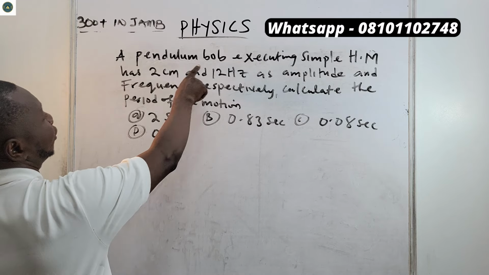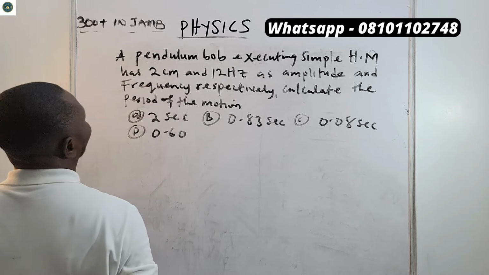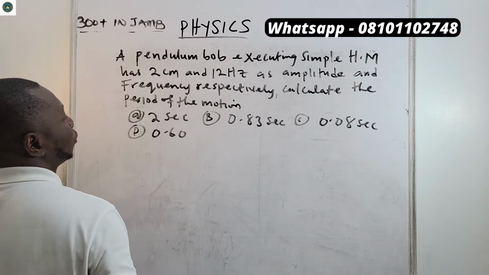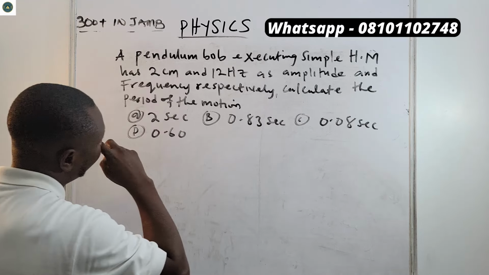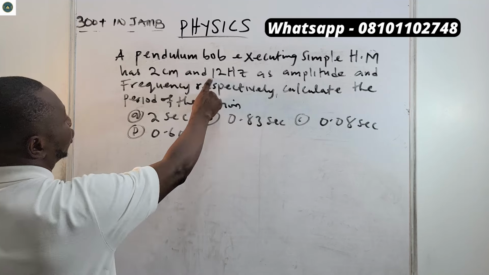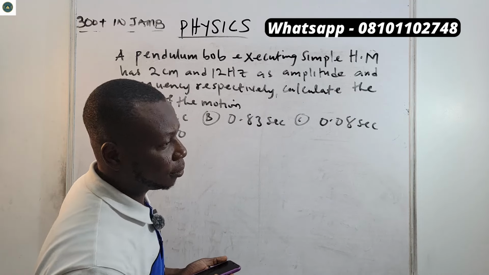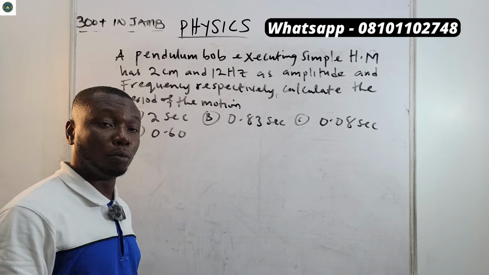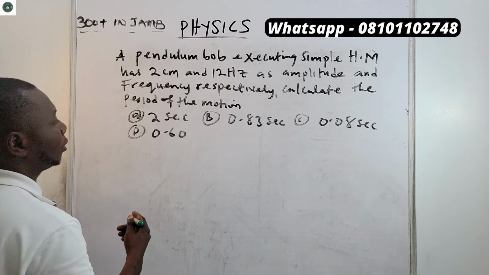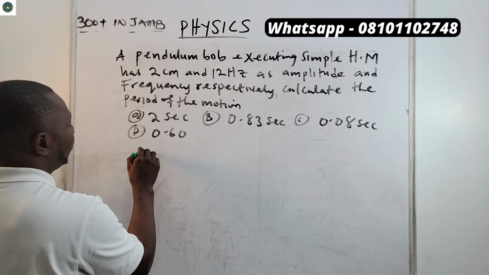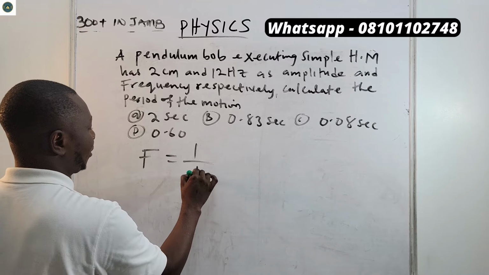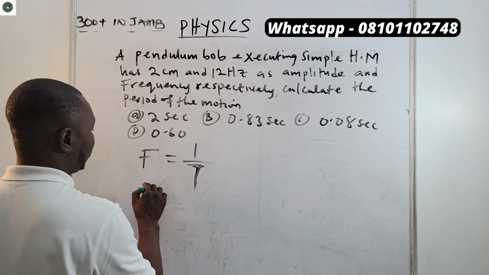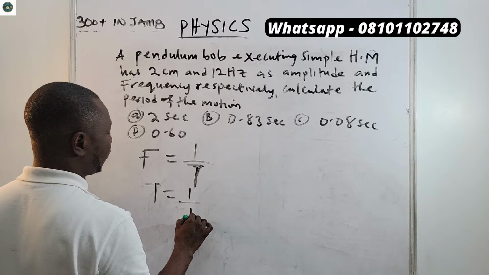They said a simple pendulum executing simple harmonic motion has 2 centimeters as the amplitude and 12 hertz as the frequency. Amplitude is the maximum displacement of a particle performing simple harmonic motion. Now, how do you get the period? Just what I said before: frequency is the inverse of period, so period will be 1 over frequency.